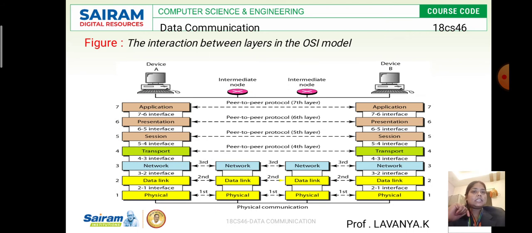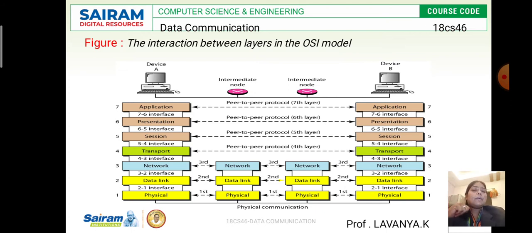The interactions in the OSI model happen at the transport layer. Why? Because we classify the OSI model into 3 levels: upper layer, middle level layer, and lower level layer.